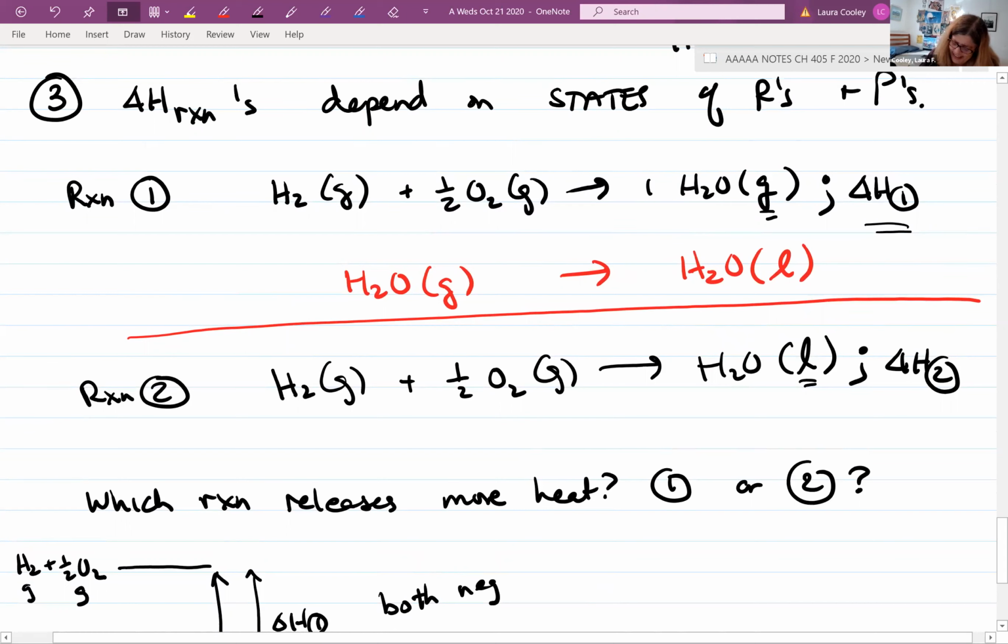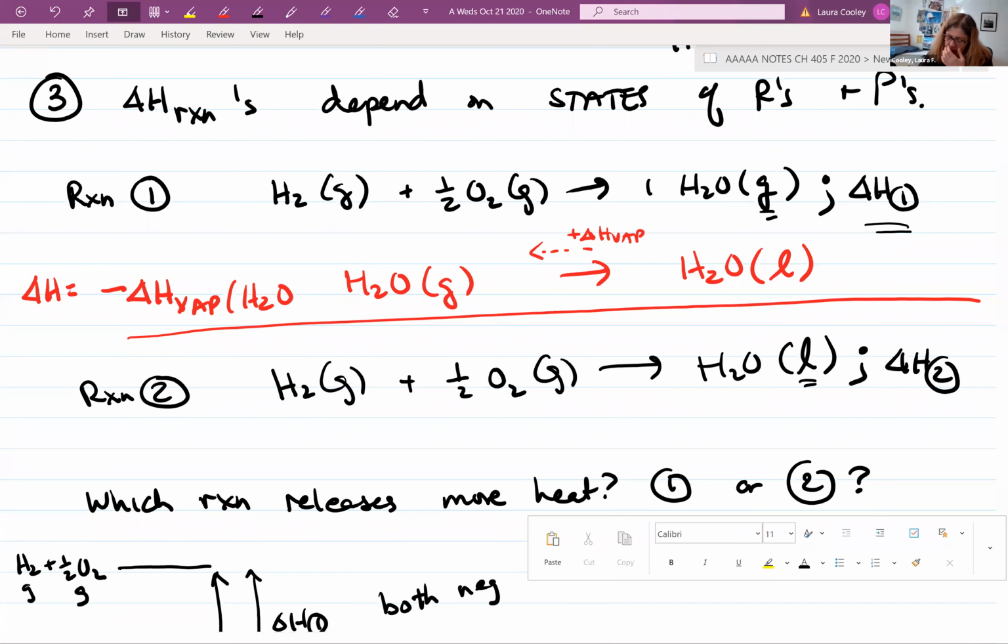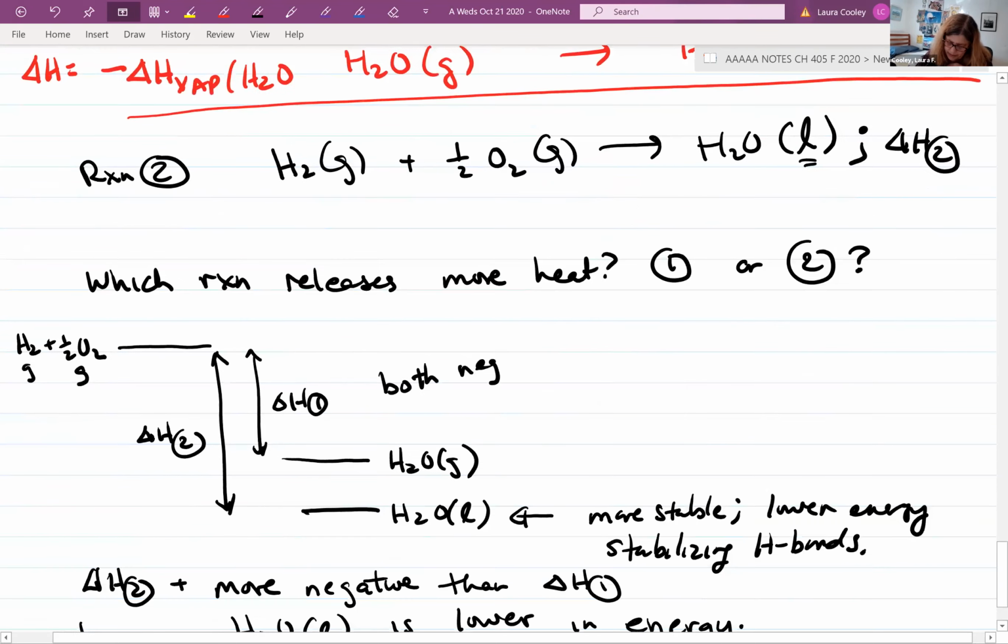So this reaction has the negative. This delta H is the negative of the heat of vaporization of water, because the heat of vaporization goes this way. This is the negative of the heat of vaporization. So wait a minute now. I'm probably going to get this all wrong.